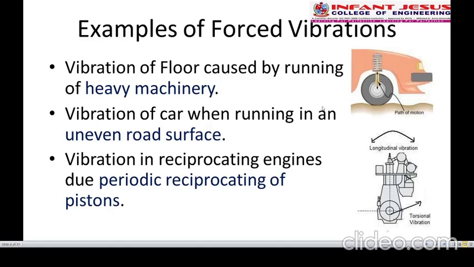Another example, a car running on an uneven road surface will go up and down. Reciprocating engines also, due to the periodic reciprocating of pistons, forward stroke and backward stroke, if continuous, produce periodic vibrations in the body. These are some practical examples of forced vibration.